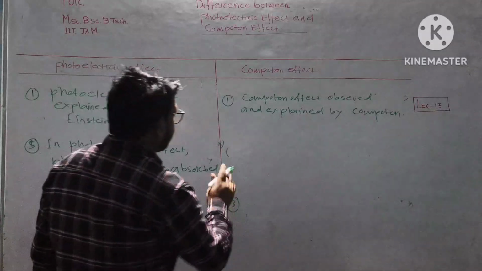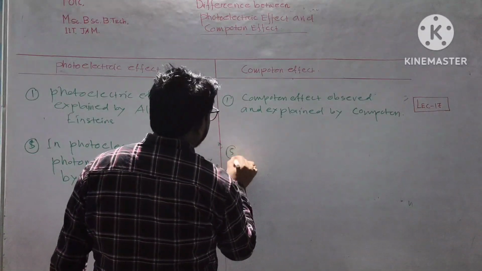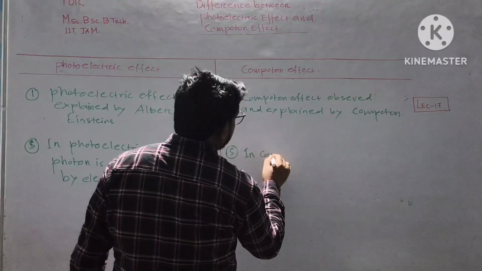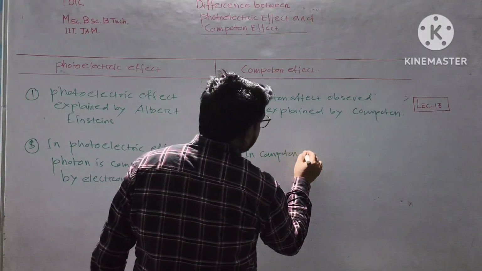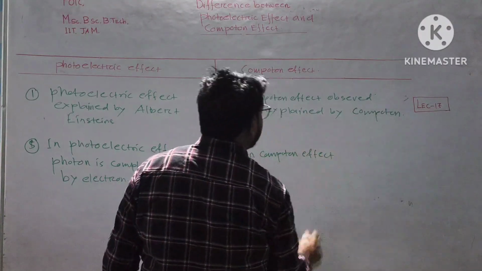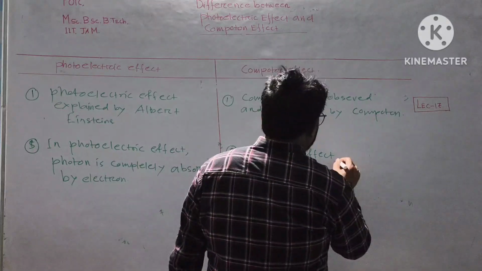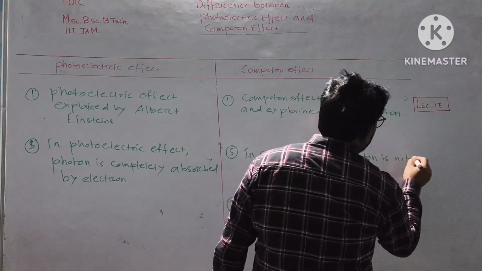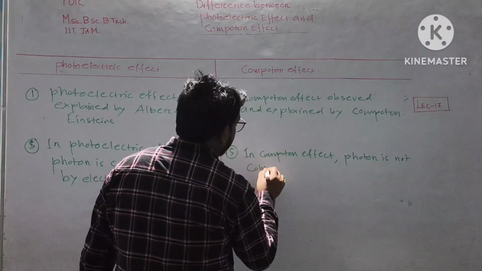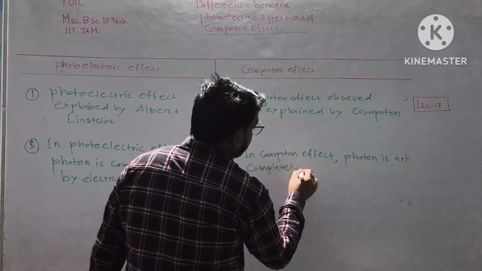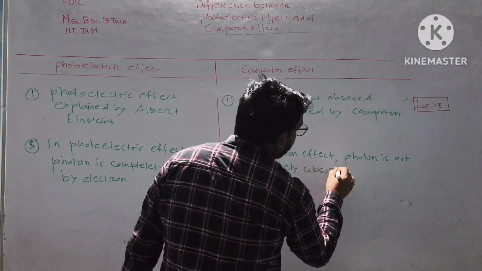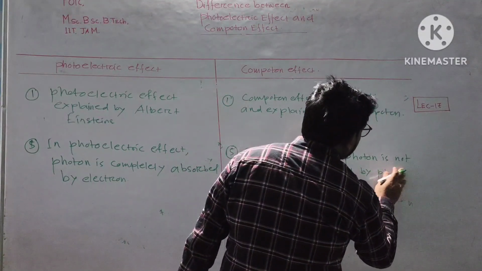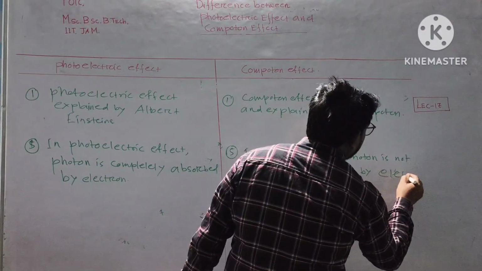On the other hand, number 5, in the Compton effect, the photon is not completely absorbed by the electron.